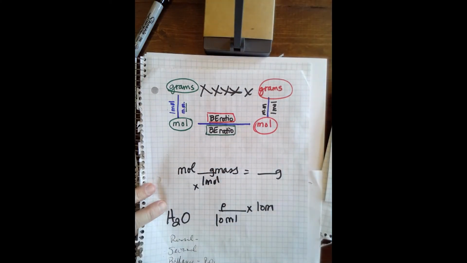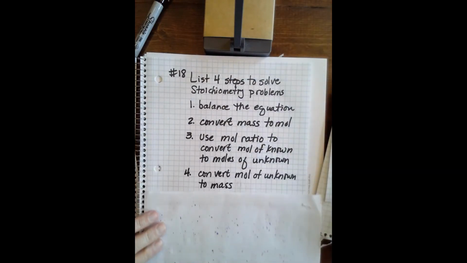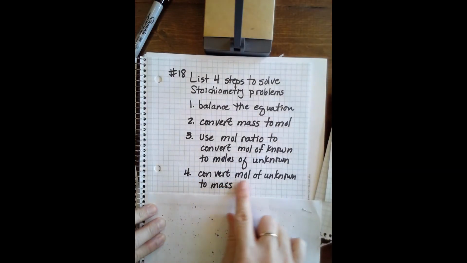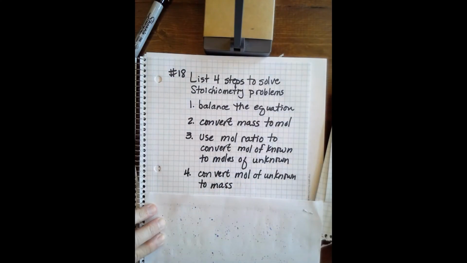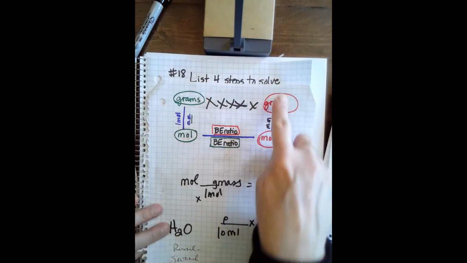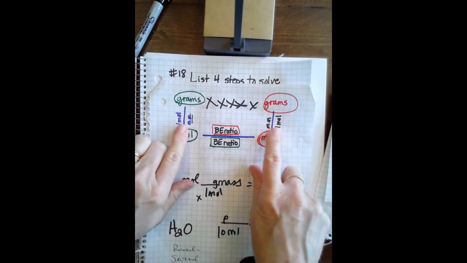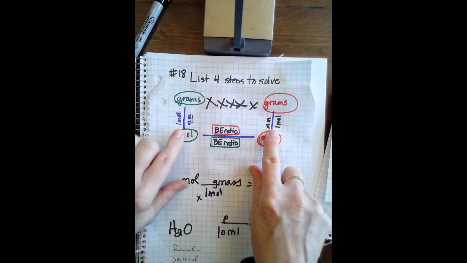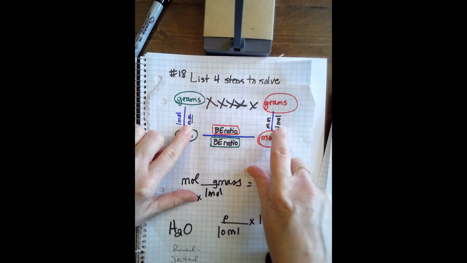We don't care about any other mole ratio except the one we're trying to solve at that particular time. The final step is to convert moles of the unknown to mass of the unknown, and that's what happens right here. Do you see these 2 steps? They're inverses of each other. This is 1 mole over the molar mass, and this is molar mass over 1 mole.